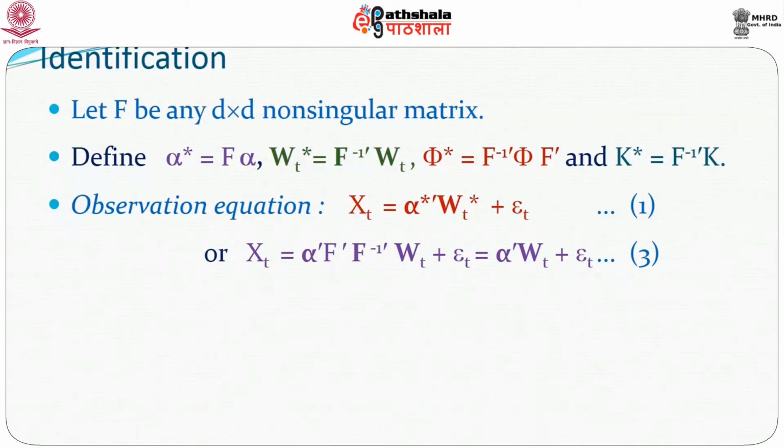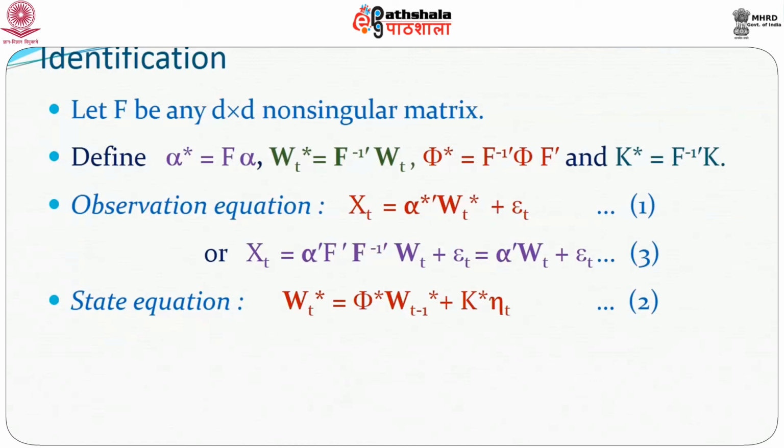But see that alpha star is F times alpha, and therefore it's alpha prime F inverse prime Wt plus epsilon t. So this translates to xt being equal to alpha prime Wt plus epsilon t. Similarly, when you look at the state equation, which we now look at from the Wt star point of view, Wt star is phi star Wt minus 1 star plus K star eta t.